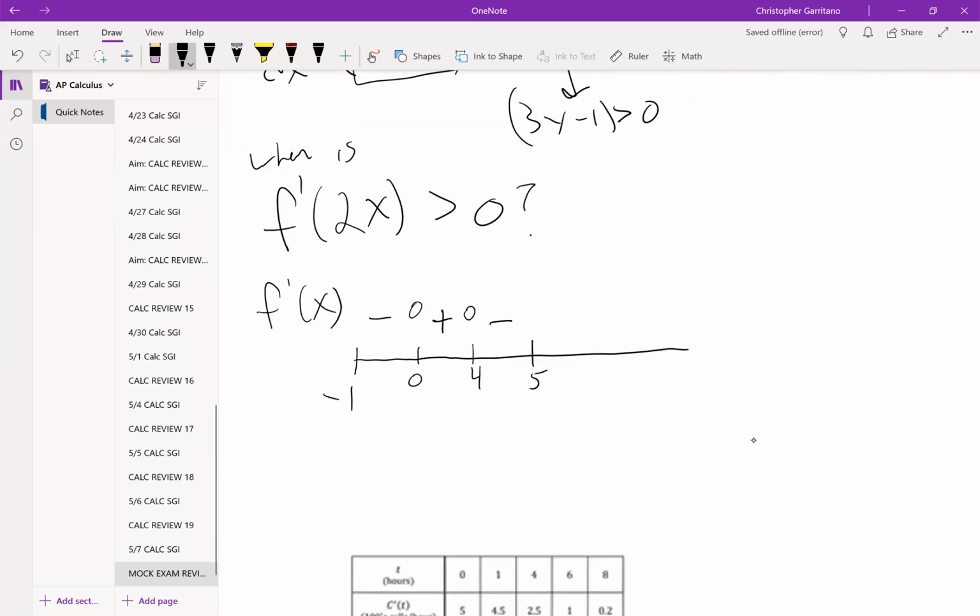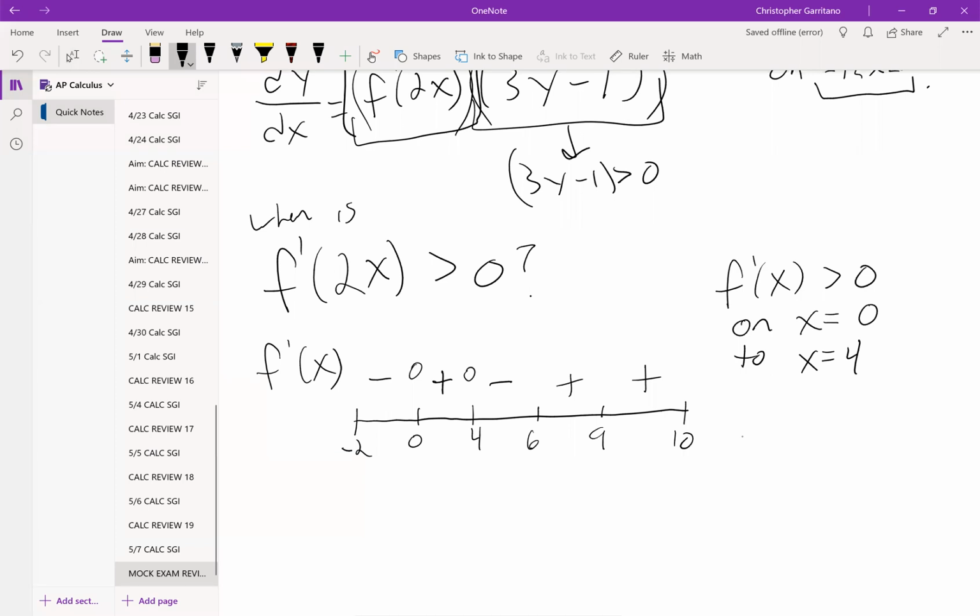And then from 4 to 5, we see negative. So f prime of x is positive from x equals 0 to x equals 4. But what does this mean for f prime of 2x? Just give me one moment.